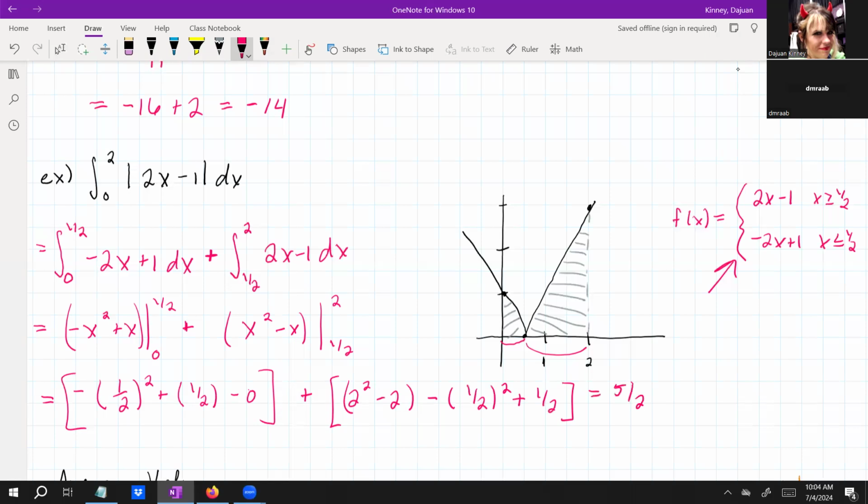I get 5/2. I'll double check. That seems accurate. So absolute value functions are ones where we're going to break up our integral. Makes it a little easier to deal with. Actually, I don't know another way we could deal with this unless we're making triangles.